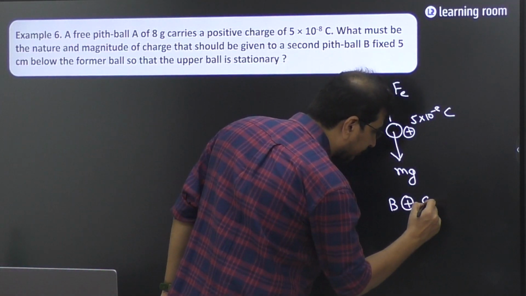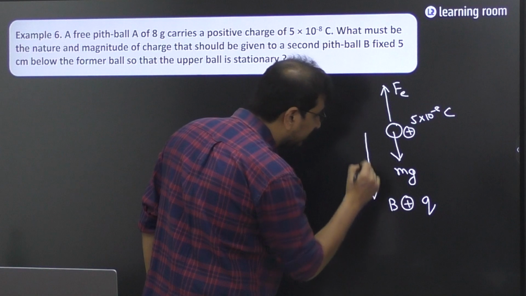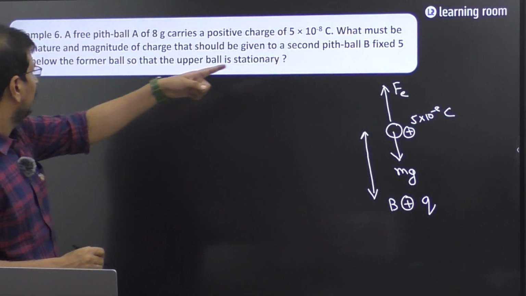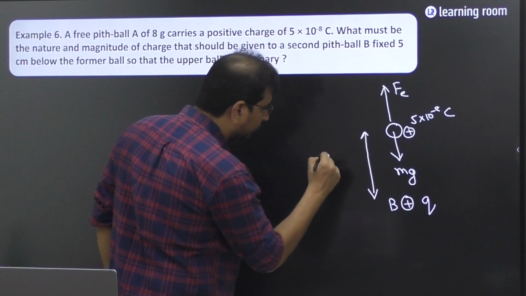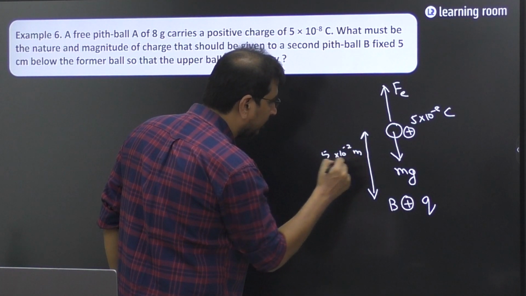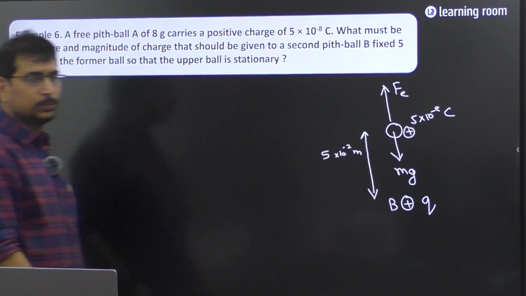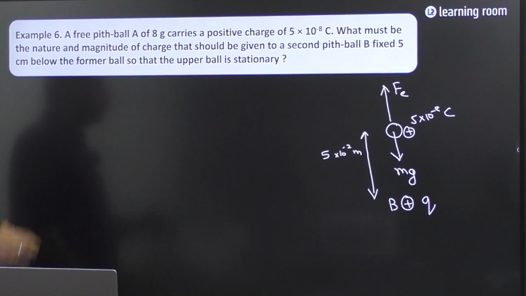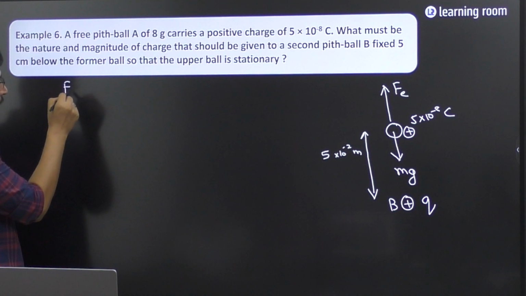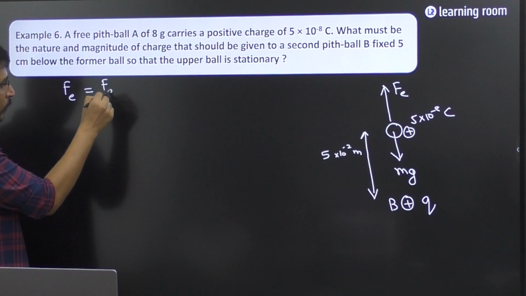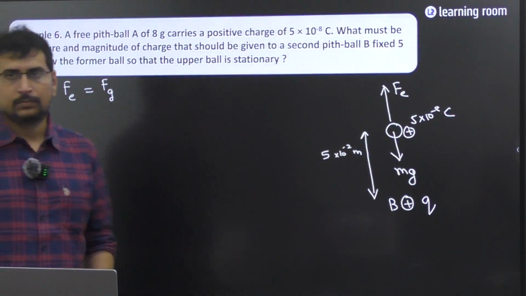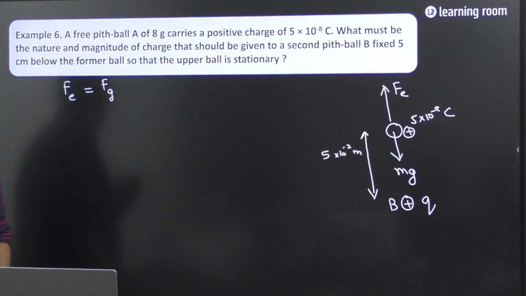Are you guys able to understand? So if this distance is taken to be 5 centimeter, that's what they've given, so 5 into 10 power minus 2 meter, right? Deal in exponential factors. So what is the equation we are going to write? Can I say that the electrostatic force should be equal to the gravitational force? So electrostatic force is given by Coulomb's law.